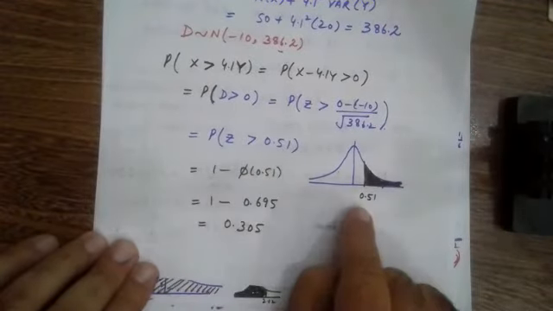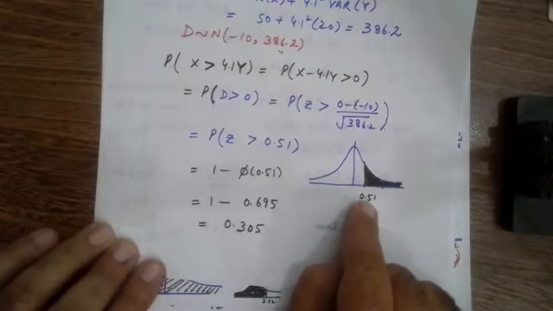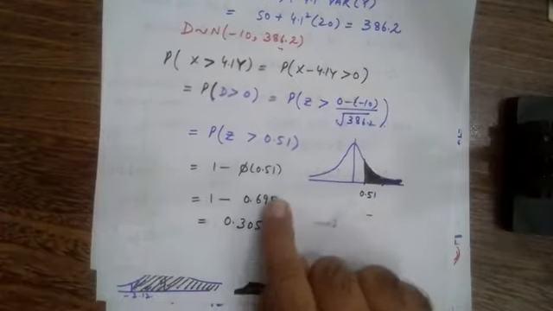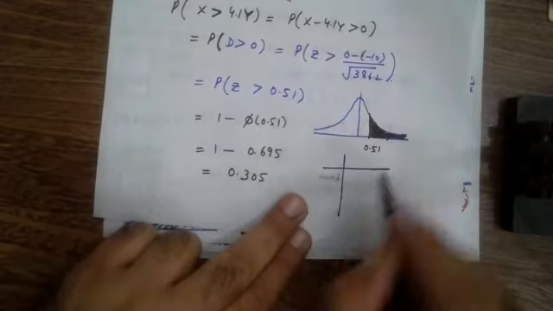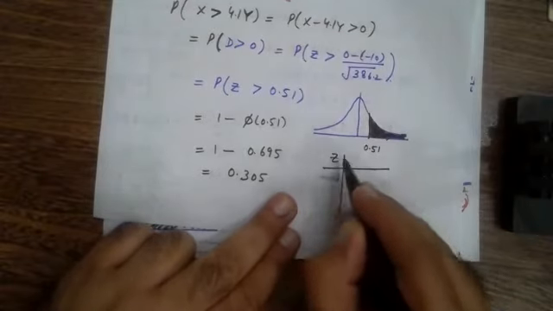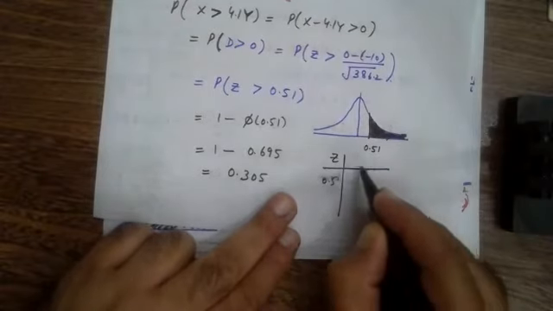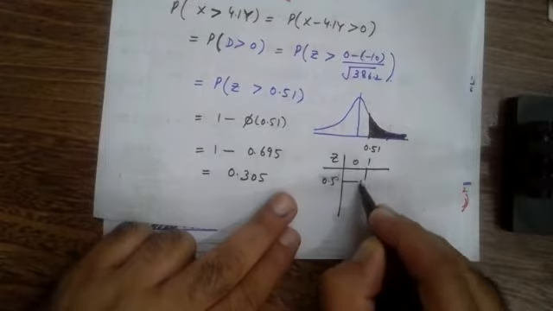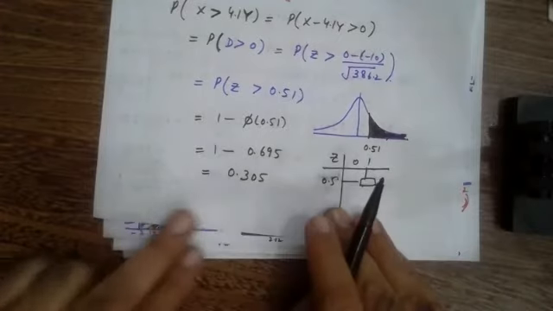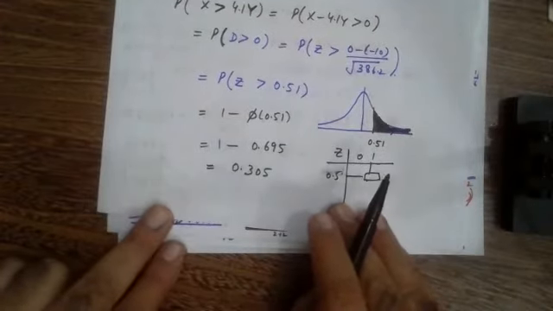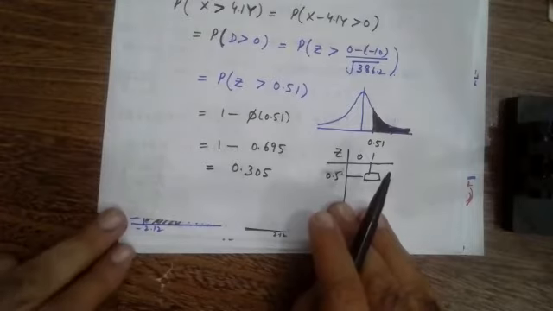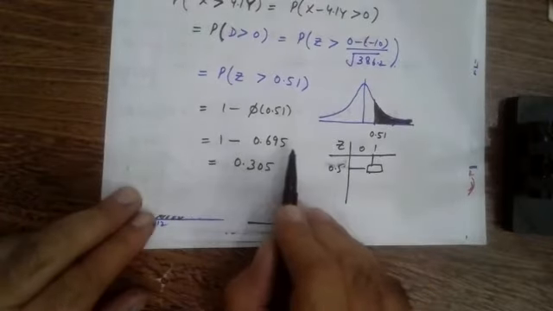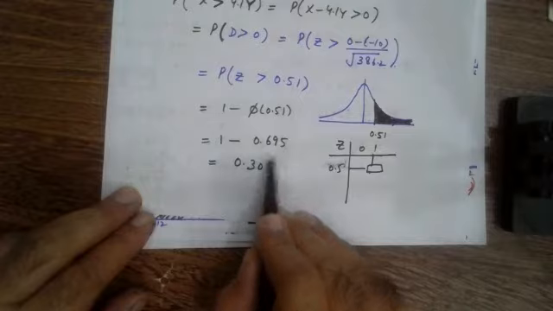And you know, if you look from the table for z is equal to 0.51, this is the value that you will read from the table. And you know that when you are looking for the values, you will see from 0.5 and 0.1 where you will look at this value. Okay, you will be able to find this value at the very top left corner of the table. Okay, and then when you subtract it from 1 minus 0.695, you get this value.